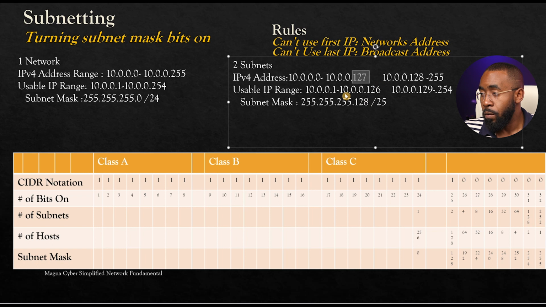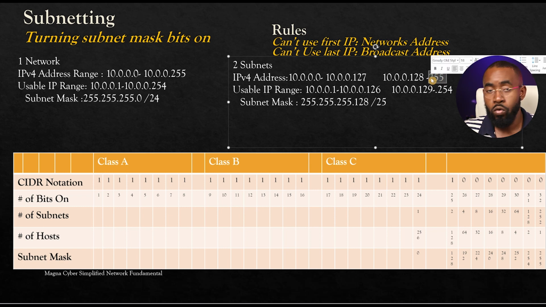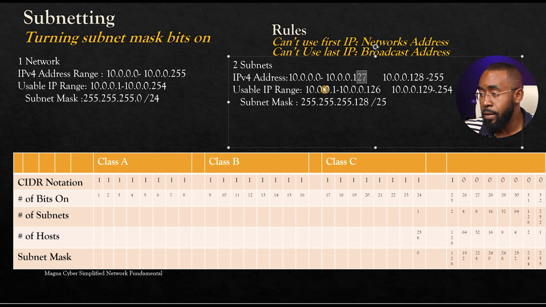In the second range, now is going to start from 128, the next IP in line, all the way to 255, the last IP in line. You know you can't use the first IP, nor can you use the last IP. So 10.0.0.0 and 10.0.0.127 are not usable by any host. So you have 10.0.0.1 to 10.0.0.126 that are usable.